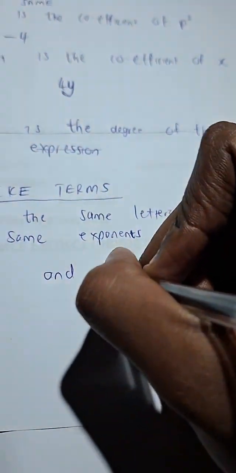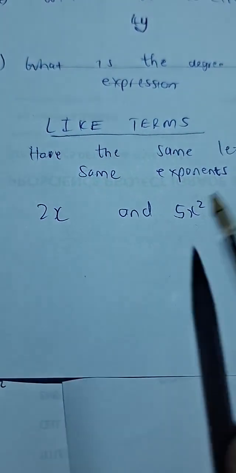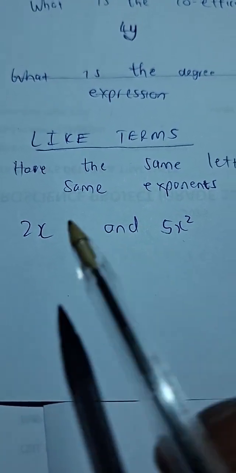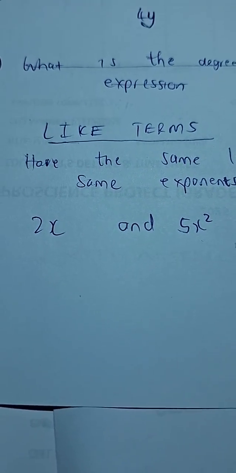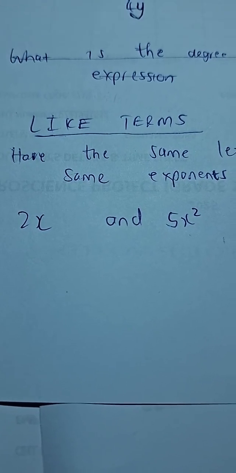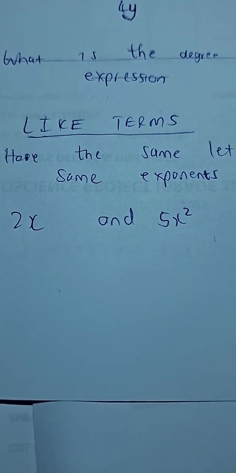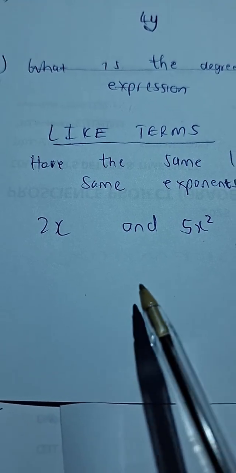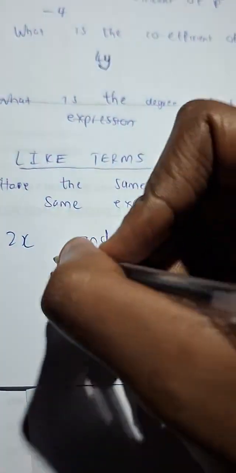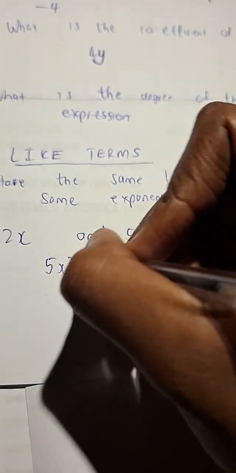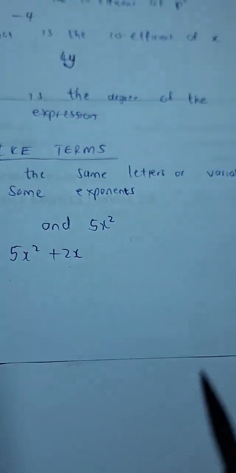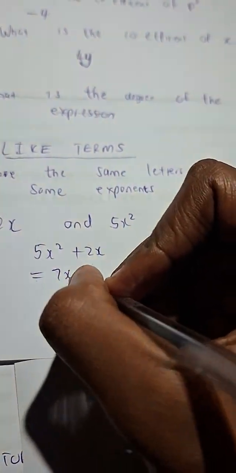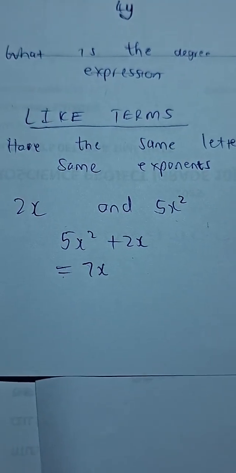So for instance, 2x and 5x squared, are these like terms, guys? I'm glad you guys are saying nope. Because it's very sad, guys, whenever you have, let's say, 5x squared plus 2x, and then someone will say the answer is 7x something.